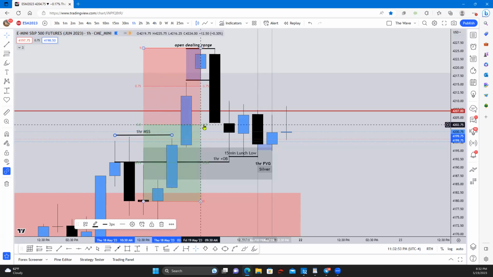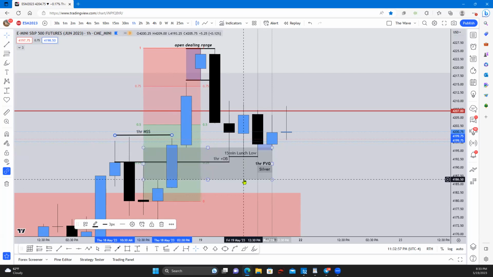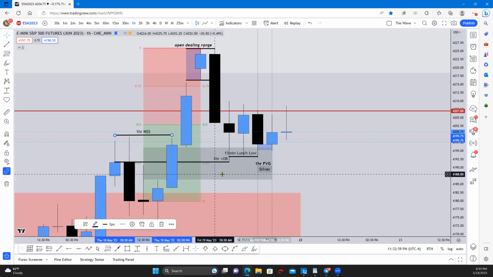So underneath 50% in a discount, our nearest fair value gap is this 1 hour here. So we're pairing it with this 1 hour order block, 1 hour fair value gap.